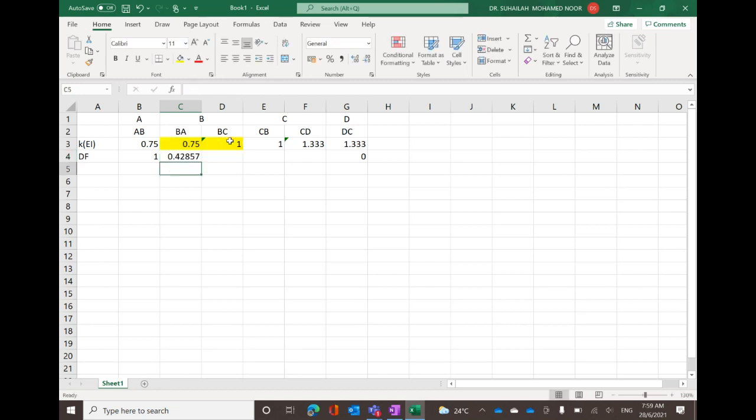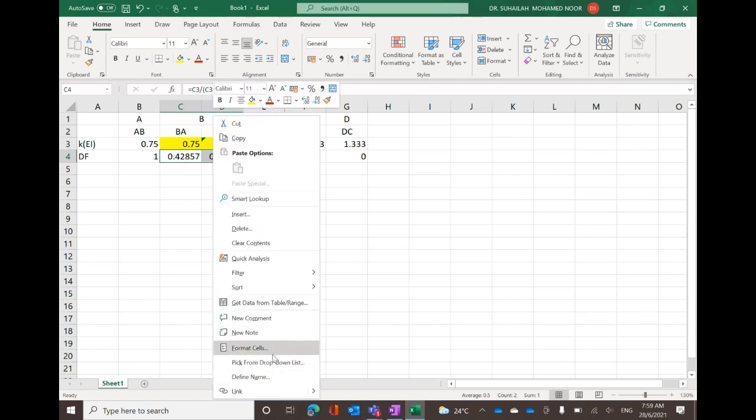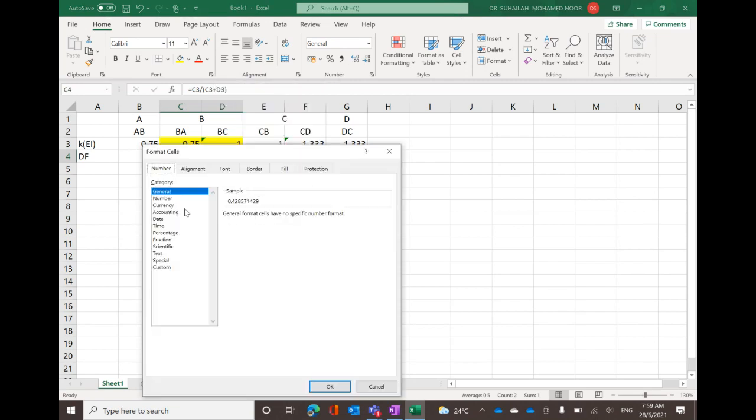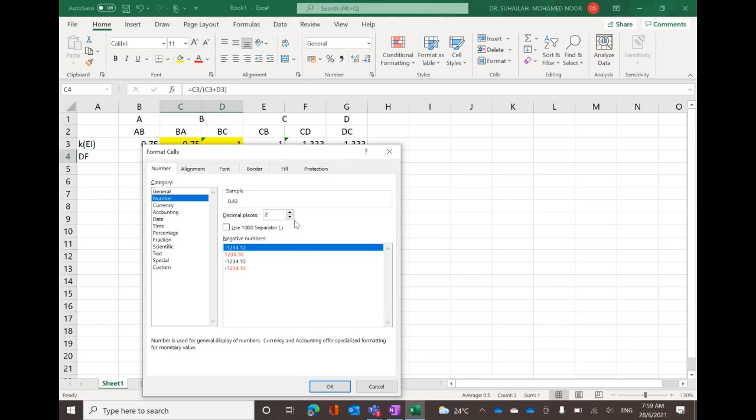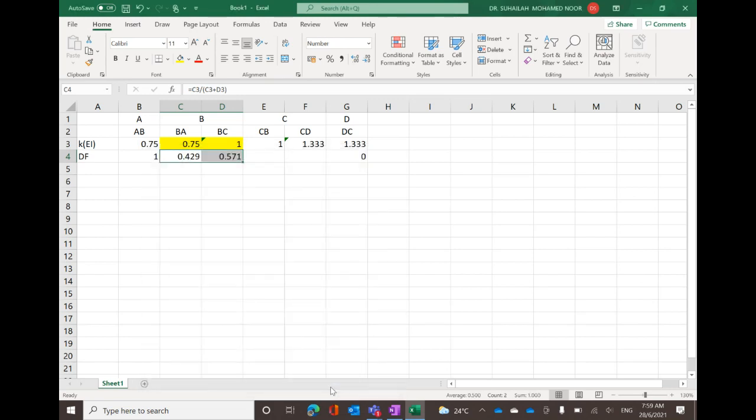So we get 0.428. We will do the same for BC: it is 1 divided by 1.75. We can set the number up to 3 decimal places.